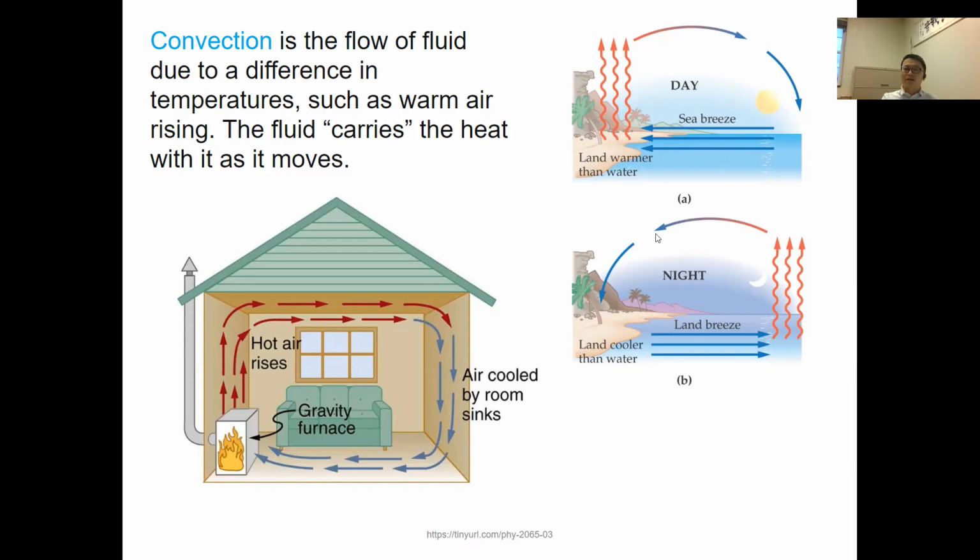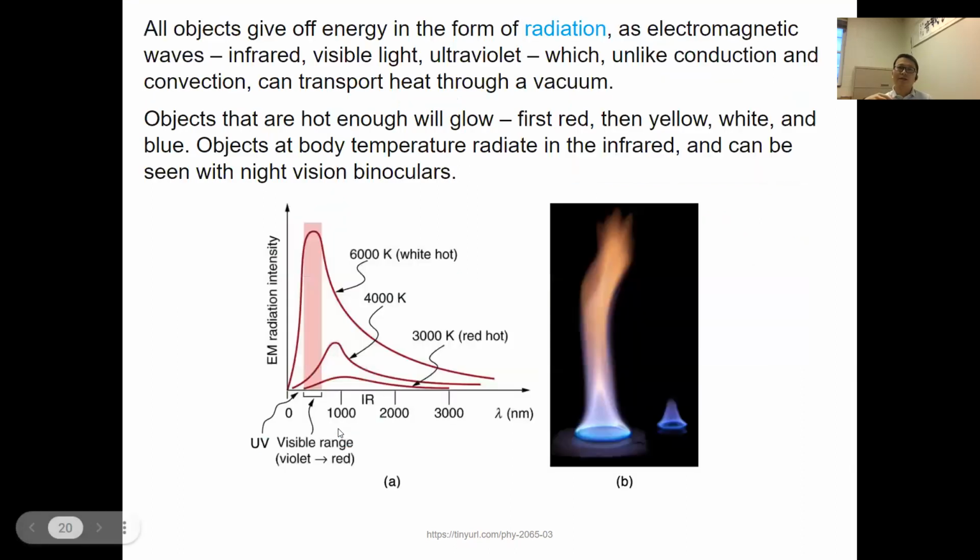In the nighttime, it goes the other way because the water is now warmer compared to the shore. Also in the house you'll have some heat transferred through convection as well.